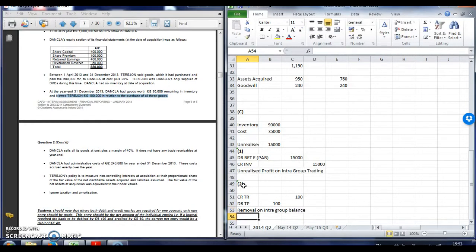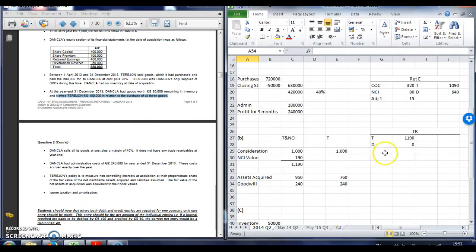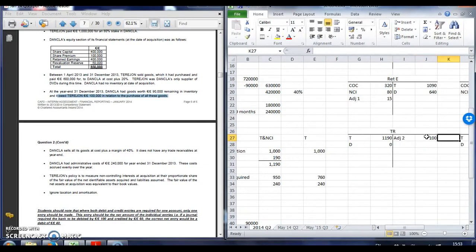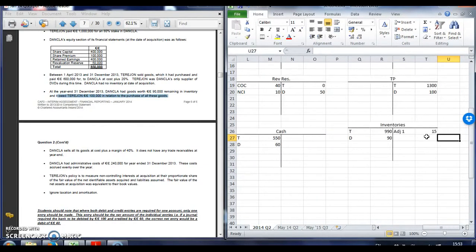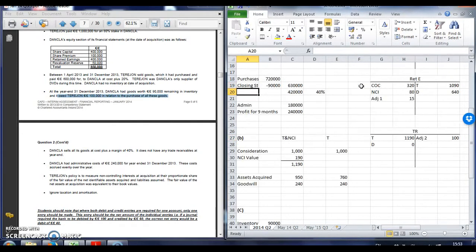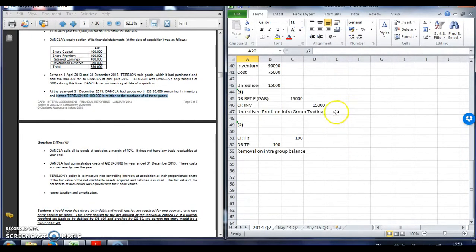Because otherwise your trade payables and your trade receivables would be overstated if you left it in the consolidated statement of financial position. So we call that adjustment 2, 100, and we go over to trade payables, and we call that adjustment 2, 100.